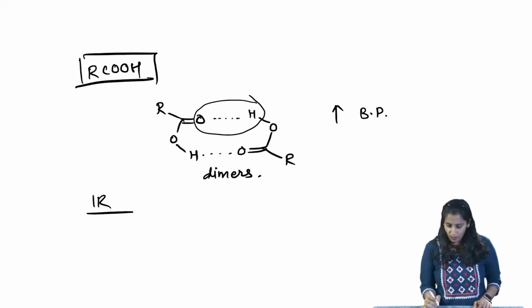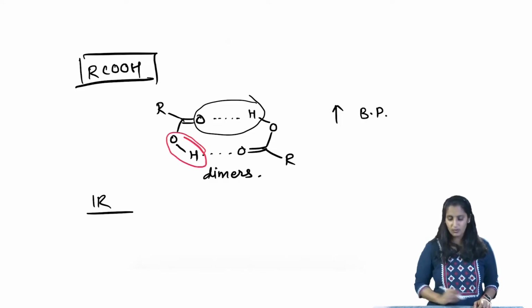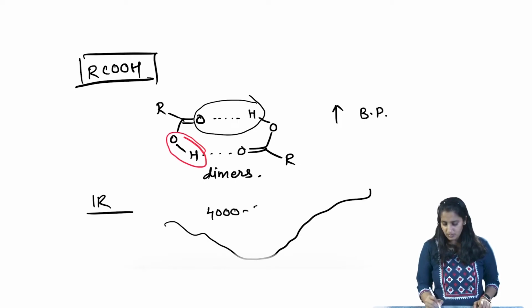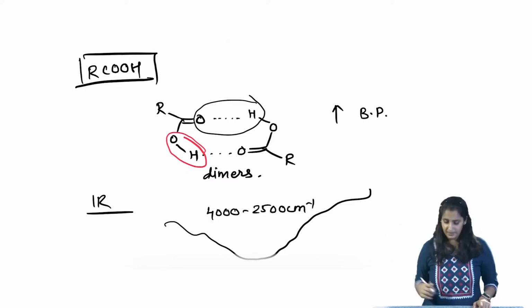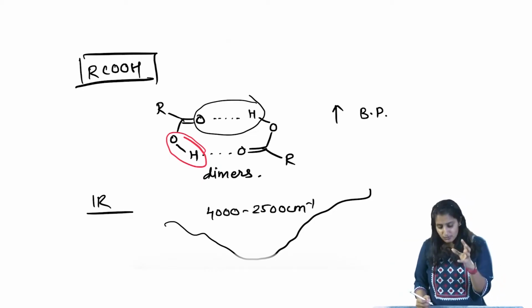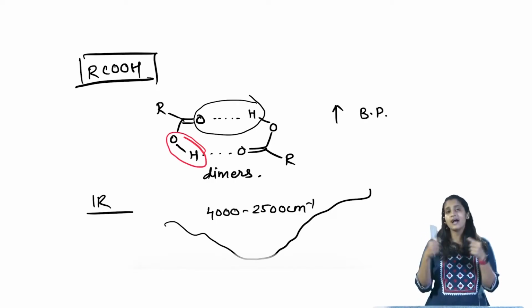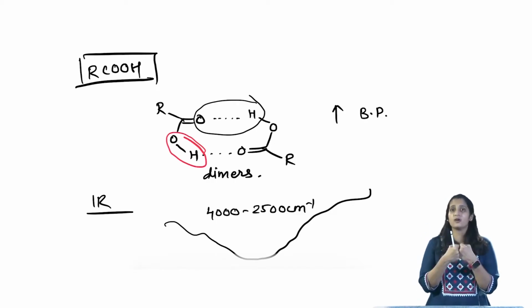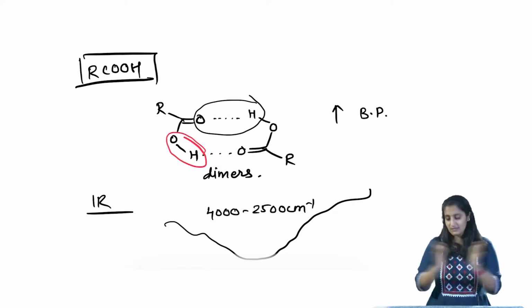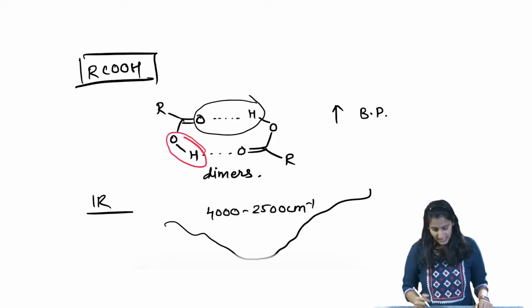Now, in the case of carboxylic acids, this OH bond here shows a very broad and wide peak from around 4000 to 2500 centimeters inverse. So, it is a long range of wave number that you can see, and that is because that hydrogen is not held with that oxygen, because it is forming that dimer, its hydrogen bonding, that is the reason why you see such a broad peak for carboxylic acids.